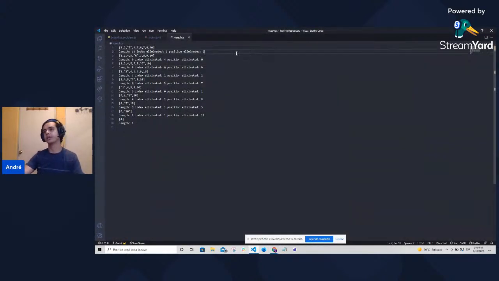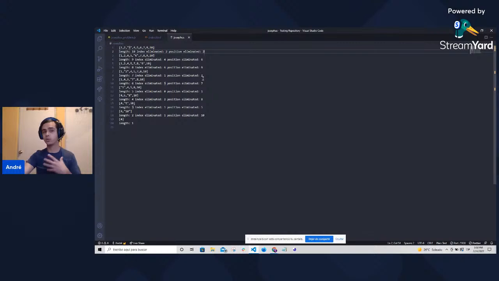For example, in the first round, we have the 10 elements, and we eliminated 3. And then we eliminate 6, then the 9, and so on, until we have 4. I also noted some key values. For example, we can see that the length of the array is getting smaller 1 by 1. We can see here the indexes that are being eliminated and the position that is eliminated.